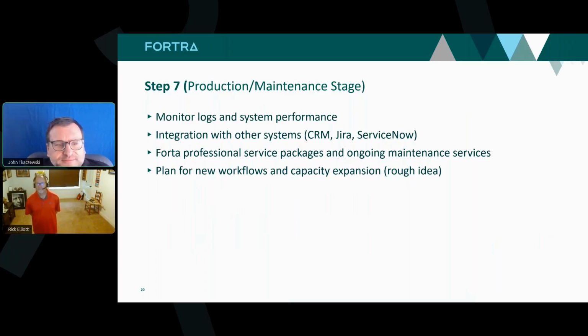Yeah, once you're up and going and things are working, it's always a good thing to go back and monitor your logs and system performance. Make sure things are running the way you expect. Maybe I need to tweak it. Maybe I need to only run 45 concurrent jobs instead of 50, because it makes it run quicker or smoother because of my memory, my CPUs, or the bandwidth I have available.